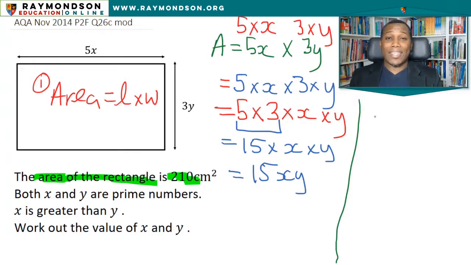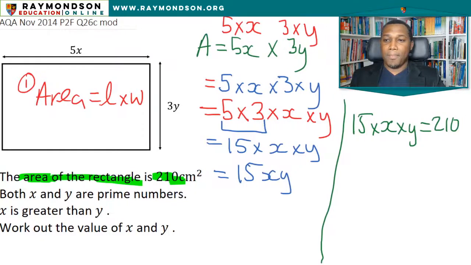So I can write that down as an equation. I can say that 15 times x times y is equal to 210. You're not seeing that, so I'll shift a little bit to the right to make that better. Okay, so that is 210.